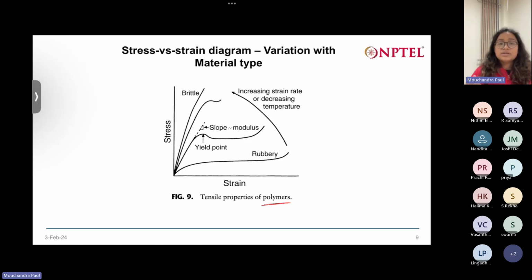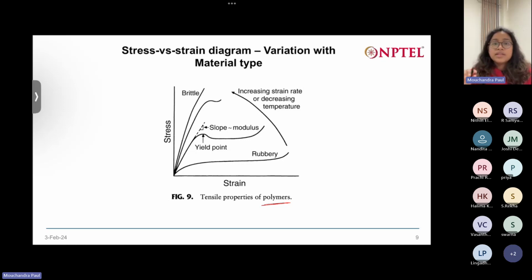If the material is of brittle nature, and most ceramics are brittle, you will see that the stress versus strain proportionality lasts quite long, but the plastic deformation region is very short. It breaks very easily. It is not a very tough material.